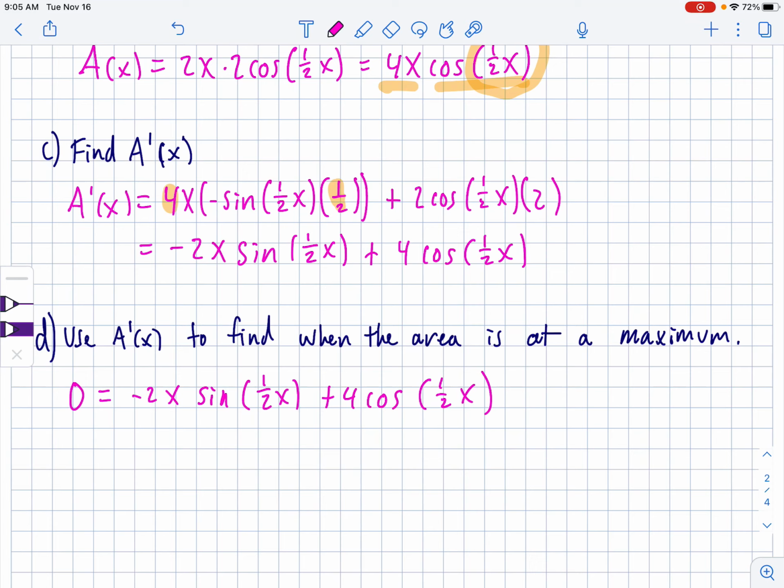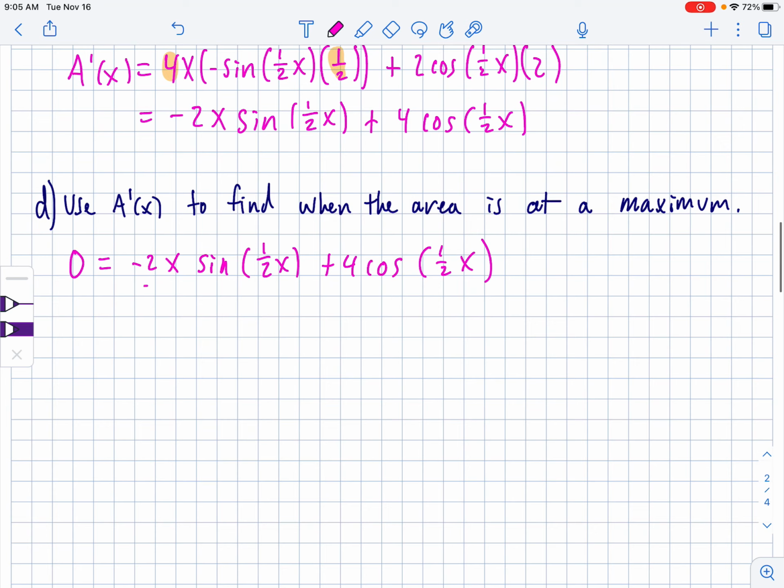So for this part, if you try to solve this by factoring and things like that, you guys don't really have the tools to be able to do this. So this is a situation where you'd have to use a graphing calculator. So what we're going to do is put this into y1 in our calculator.